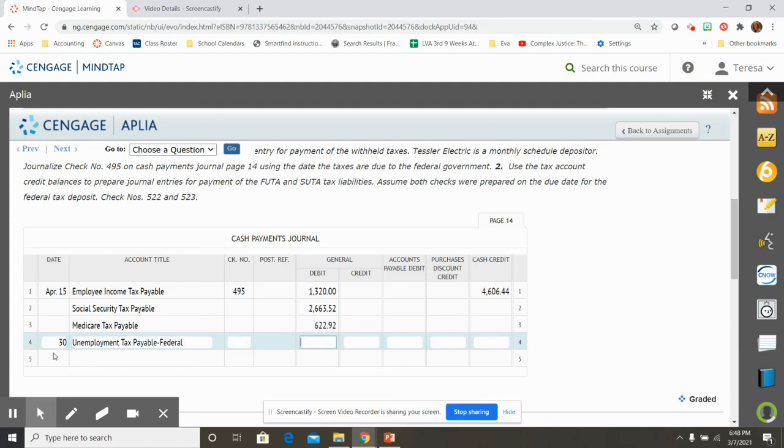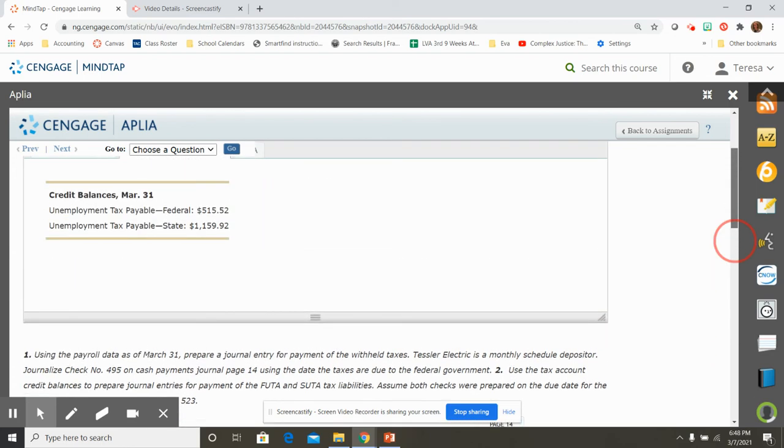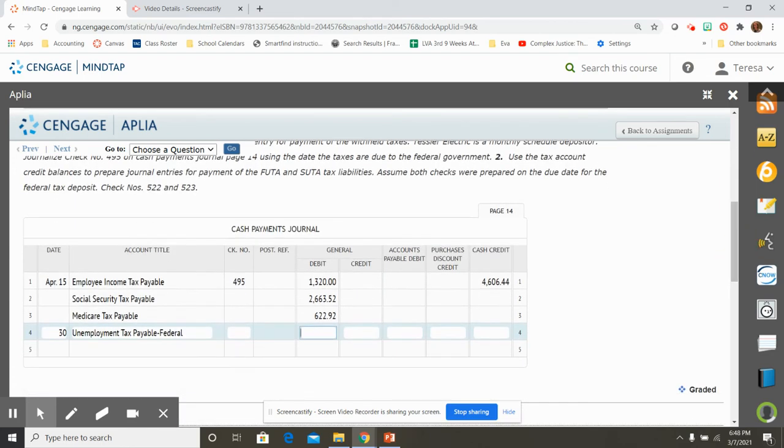And that was $515. Let me see what the cents was. And 52 cents. And that's going to be a general debit. That's going to be the amount of my check. And what is my check number? It says right here, check number is 522.